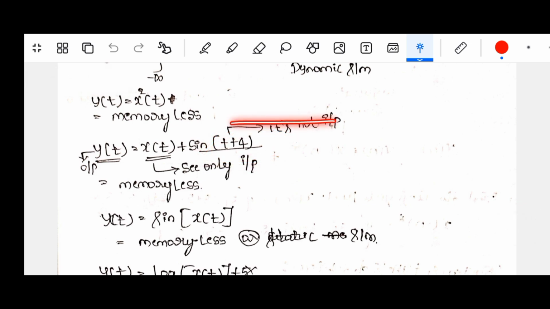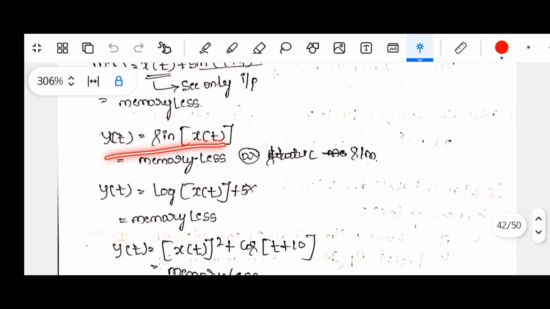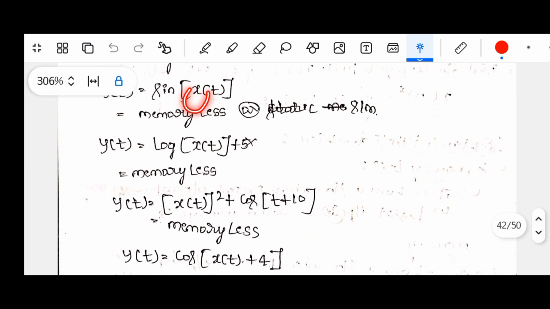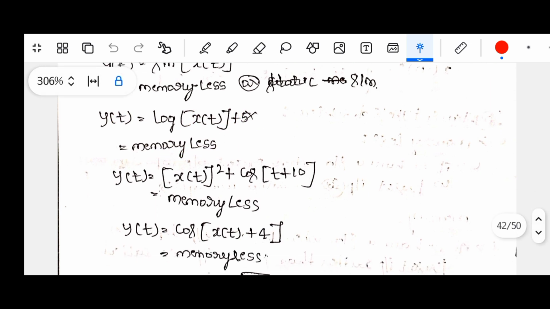While solving these problems, only consider the input part: y of t is equal to x of t. Therefore, it is memoryless. Y of t is equal to sin of x of t: memoryless. Y of t is equal to log of x of t: also memoryless, because there is no additional value connected to x of t.